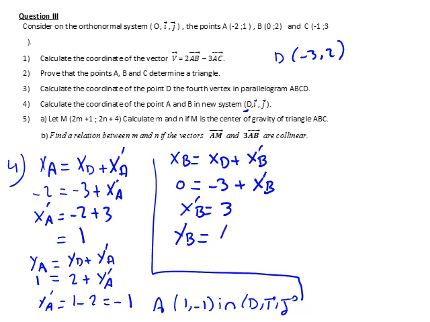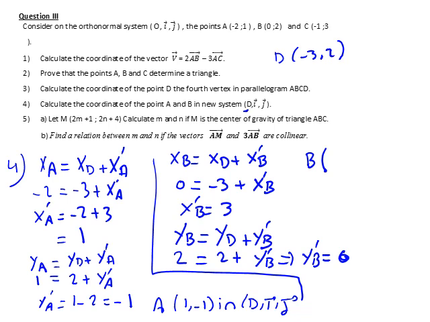YB equals YD plus Y prime B. 2 equals 2 plus Y prime B. Then Y prime B is equal to 0. The new coordinates of B are 3, 0 in the new system D, I, J.